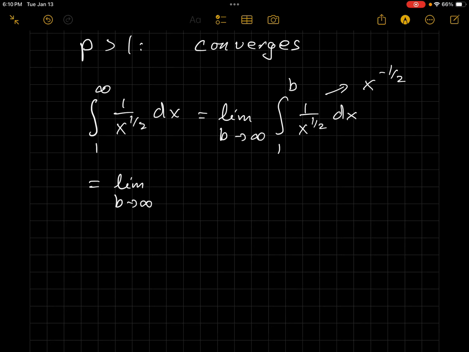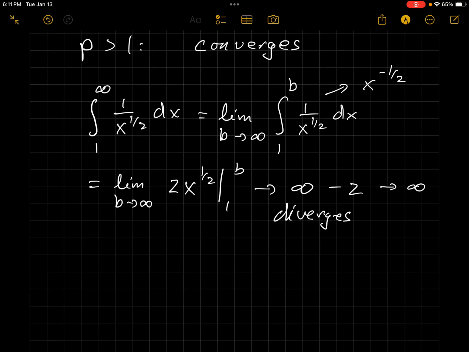So if I add 1 to the power, we get x to the 1/2 divided by 1/2, or times 2, from 1 to b. And if I plug in the top limit, which is quote-unquote infinity, I get infinity, minus something which doesn't really matter. So the integral diverges. But I knew that already because p was 1/2, which is less than 1.